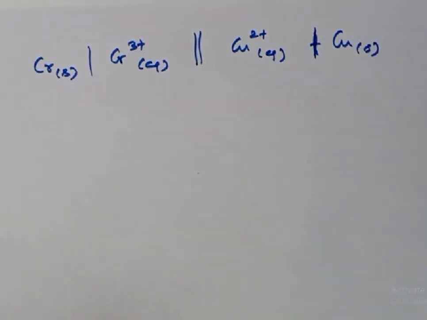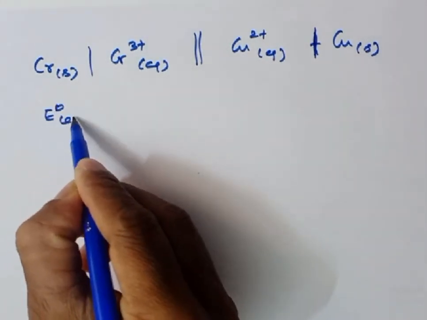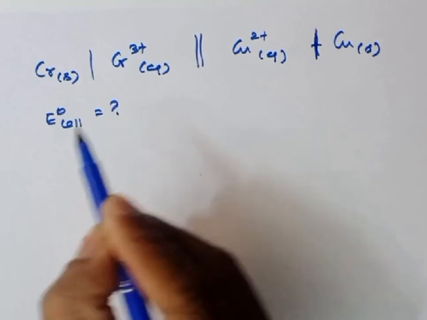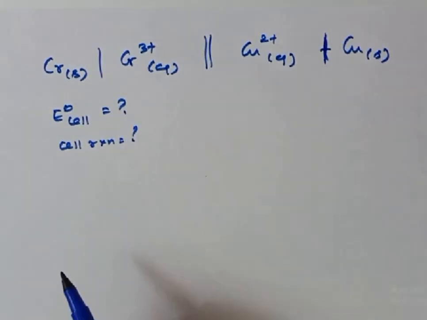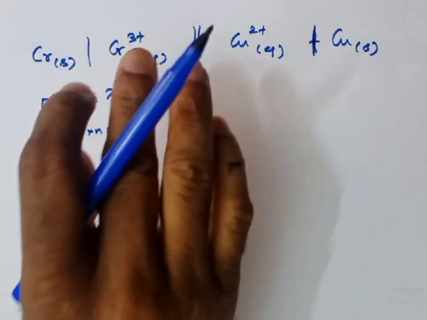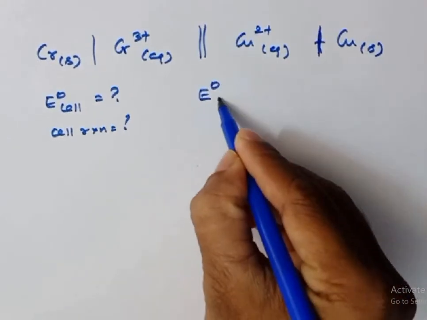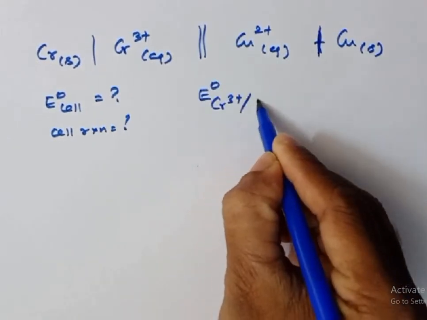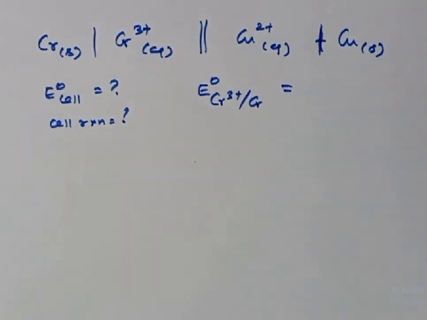Now the question is, calculate standard cell potential and also write the cell reaction. Both you have to do now. To calculate standard cell potential, reduction potentials are required. I'll give the values. E0 chromium 3 plus becoming chromium, it is called reduction, and the potential is reduction potential.